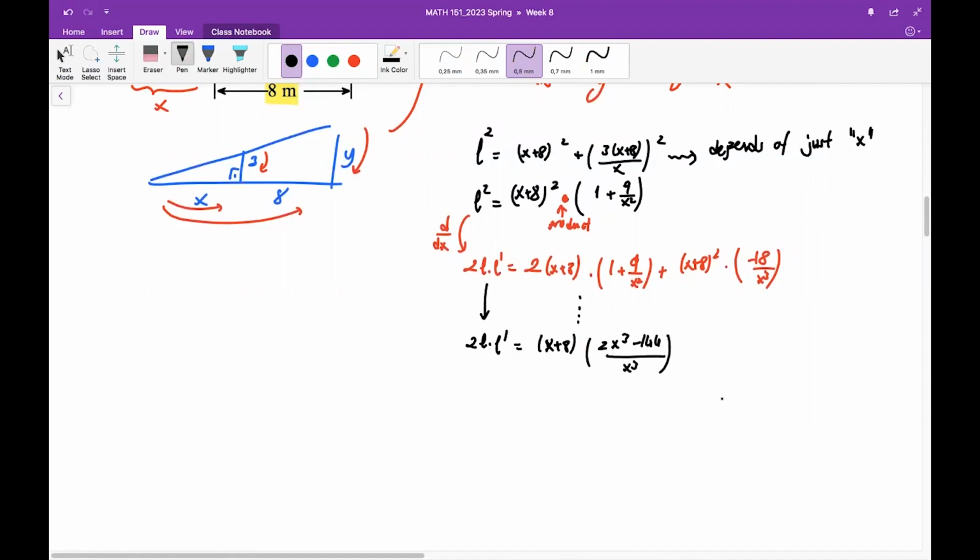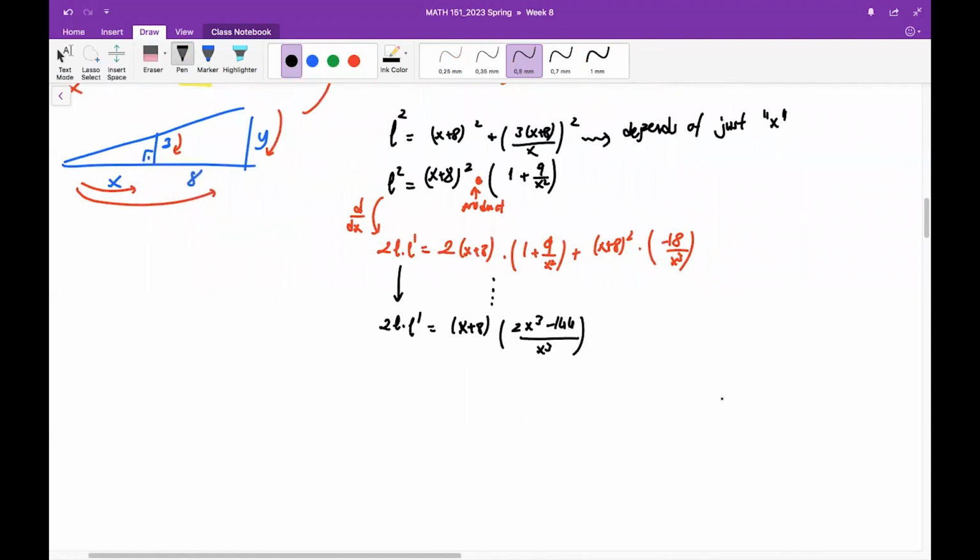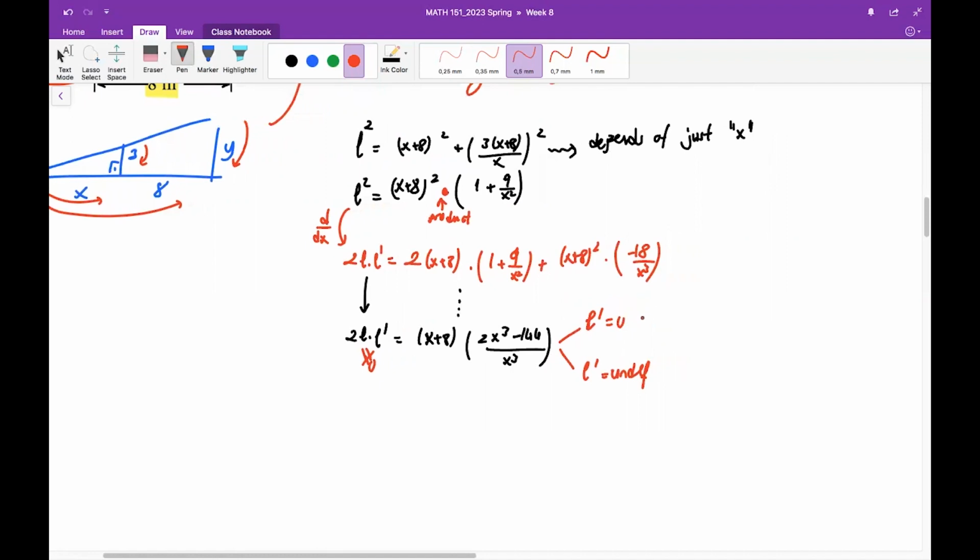Okay, and now we want to find the critical points of the L function. That's why we need to solve this equation for where L prime is 0 and for where L prime is undefined, okay? So L is a length. That's why it can never be 0. That's why to make L prime 0, you need to look at the right-hand side.